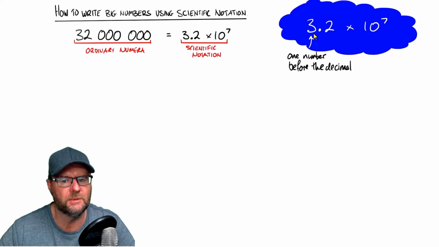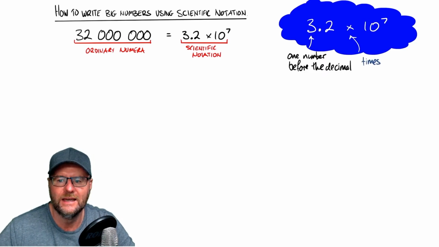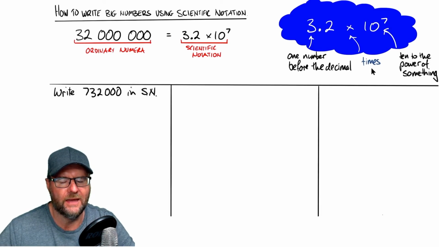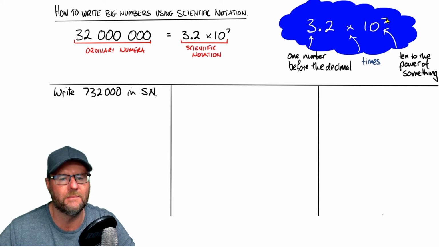It can only be one number, then the decimal. If there's more than one number in front of the decimal, then there's something wrong and we need to fix it. There's also then a times or a multiplication sign, and then 10 to the power of something. So they are the pieces that make up our scientific notation. A decimal here, times, and then 10 to the power of some number. And this some number we're going to look at right now to decide what that is.